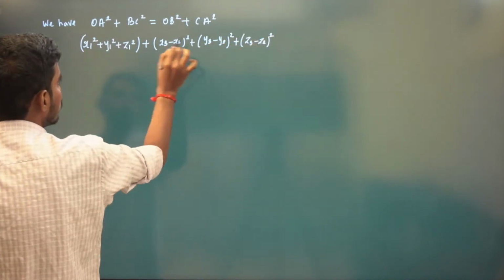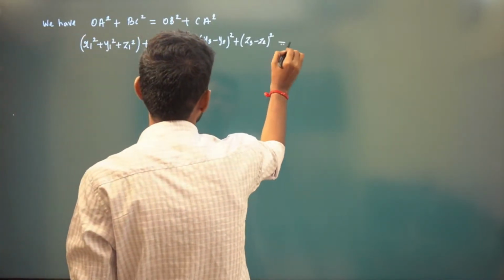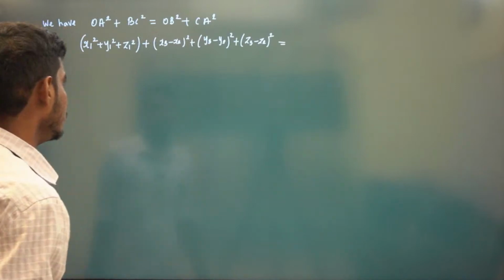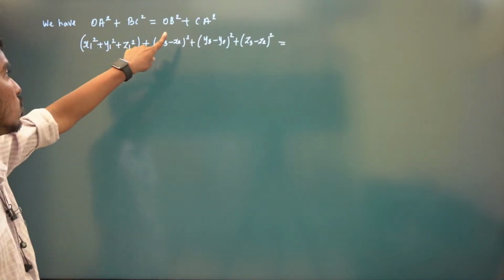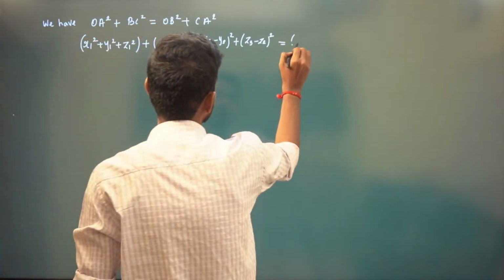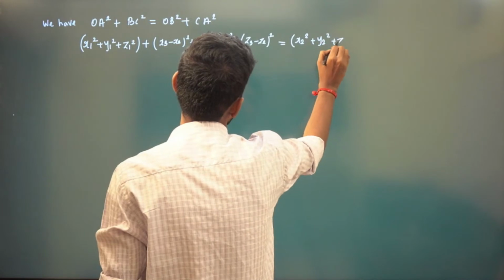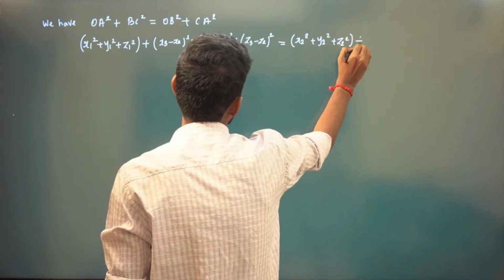Usually we have a square root, but since we have the square here, I'm not putting that. This is equal to OB square, the distance from O to B. B is x2, y2, z2, so it will be x2 square plus y2 square plus z2 square.